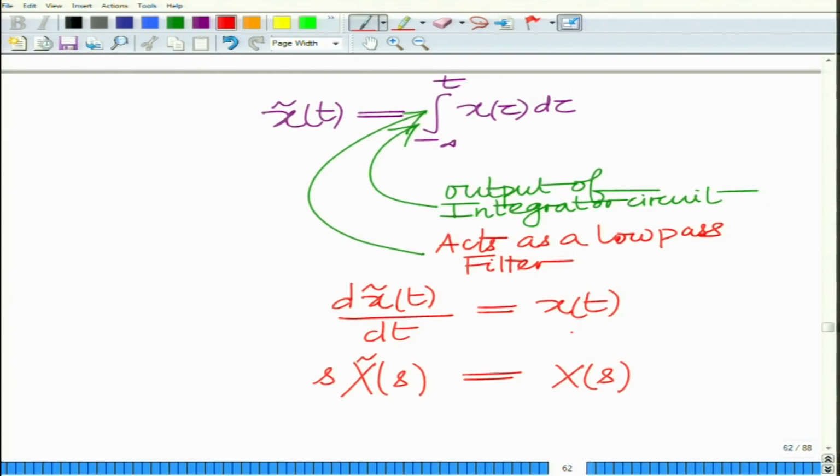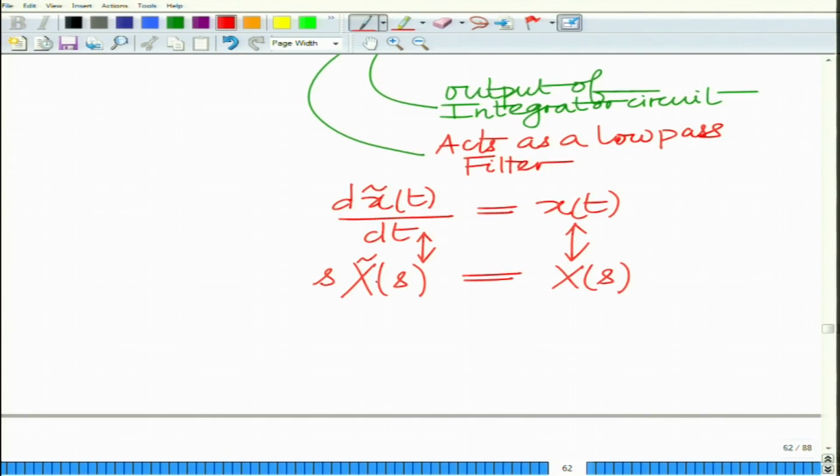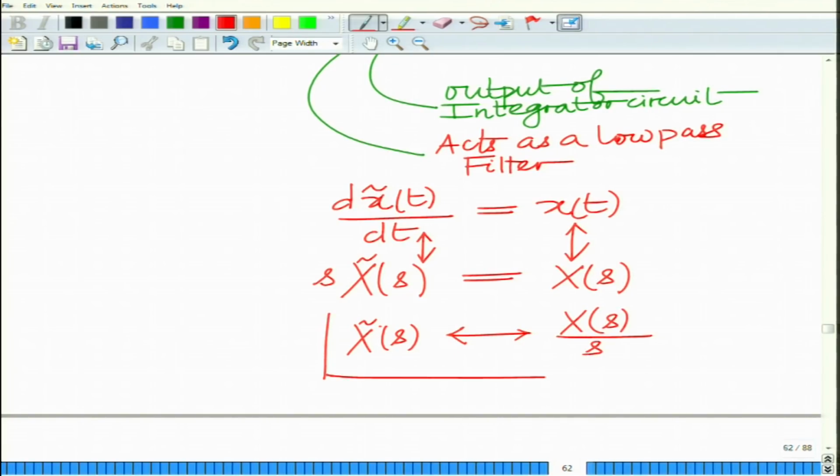Taking Laplace transform on both sides, since x(t) has Laplace transform X(s), dx tilde/dt must have Laplace transform s X tilde(s), which means X tilde(s) equals X(s) over s, and the ROC will be the same. So, using the differentiation property, we have derived the Laplace transform of this.